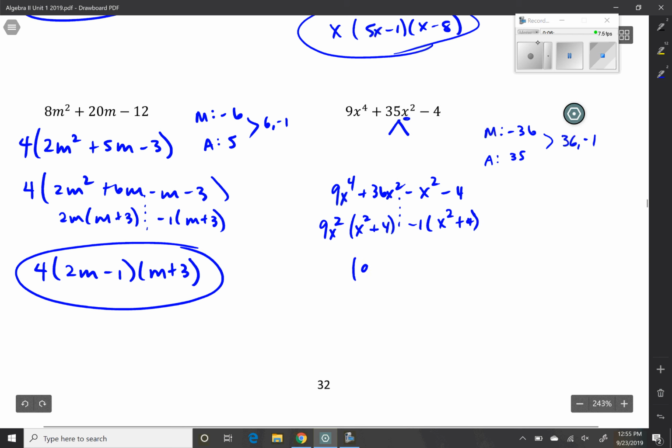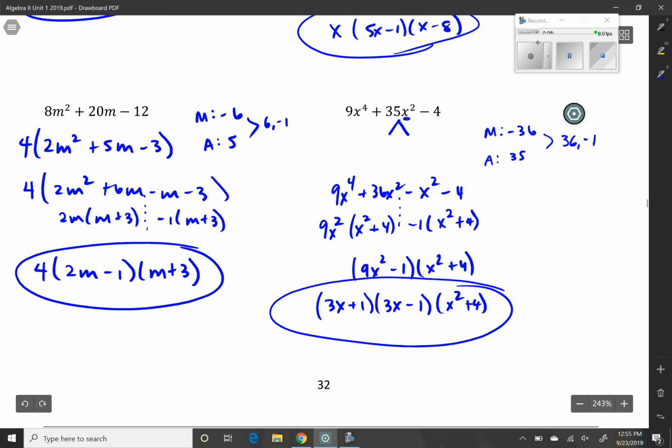So now we get (9x squared minus 1) times (x squared plus 4). The x squared plus 4 is unfactorable, but the 9x squared minus 1 is factorable. So we have (3x plus 1) and (3x minus 1), and the remaining polynomial is x squared plus 4. Nothing left to do there.